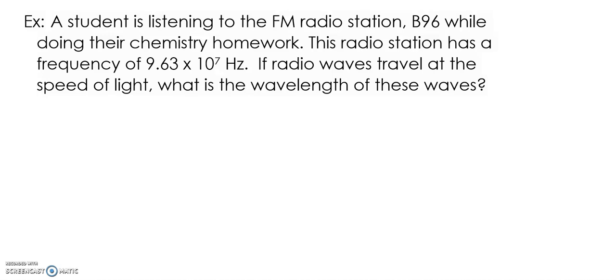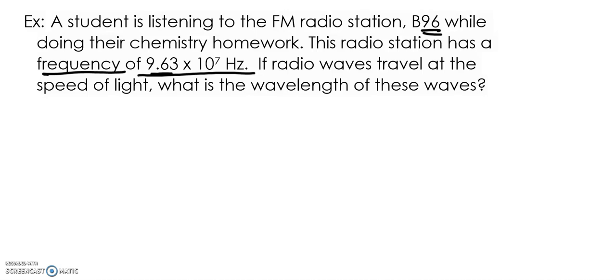Remember, radio waves are electromagnetic radiation. So the radio station, say, is B96. While they're doing their chem, the radio station has a frequency. Notice B96. On the dial, it used to be an actual dial, now it's digital. Here's 96. That's the number times 10 to the 7th for the hertz. That's the frequency. If radio waves travel at the speed of light, what's the wavelength?